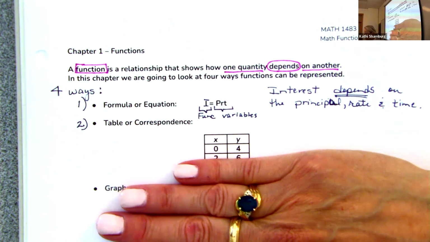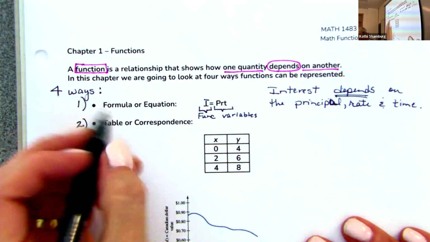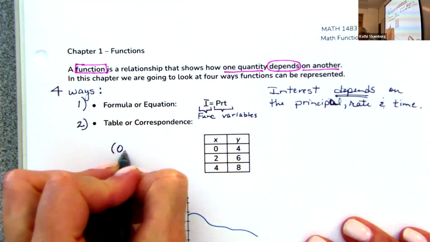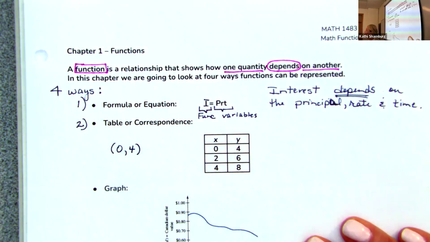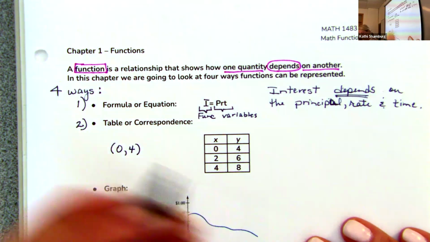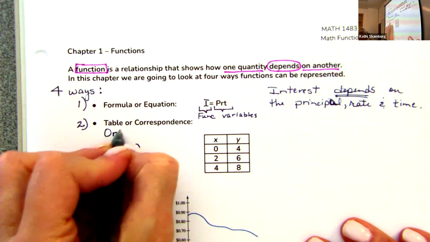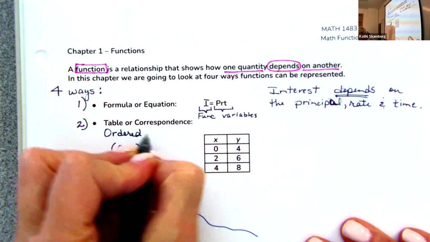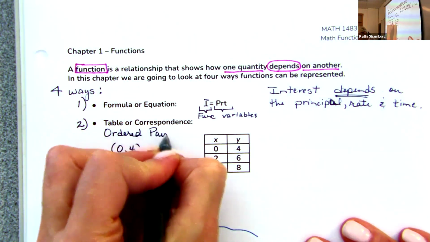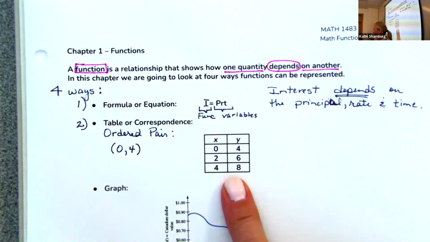We would call that an ordered pair, which means there's a particular order. So from a table, that allows you to create ordered pairs.